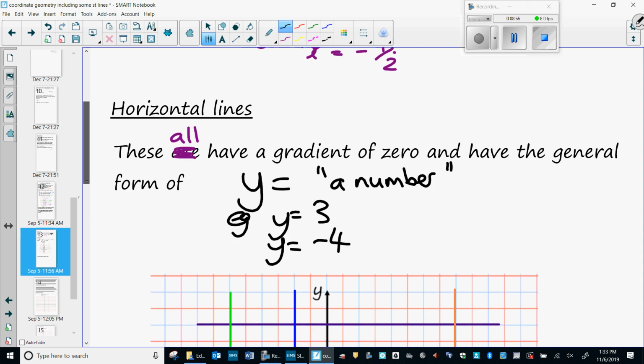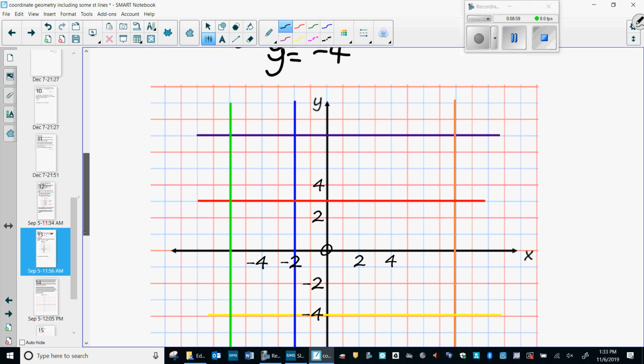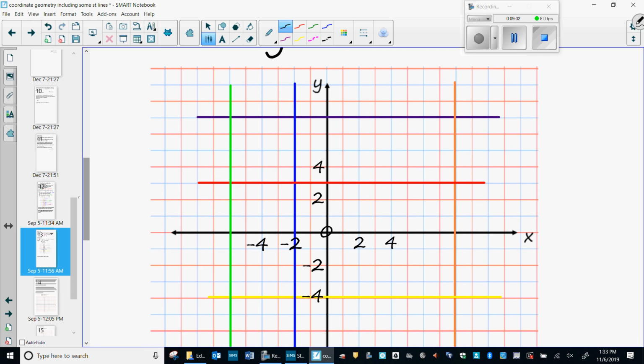So let's have a look at this diagram here and make sure that we can establish what the equations of these lines would be. I don't know if you want to label them on top of them or do a little key next to them. I'll give you a couple of minutes to do it.